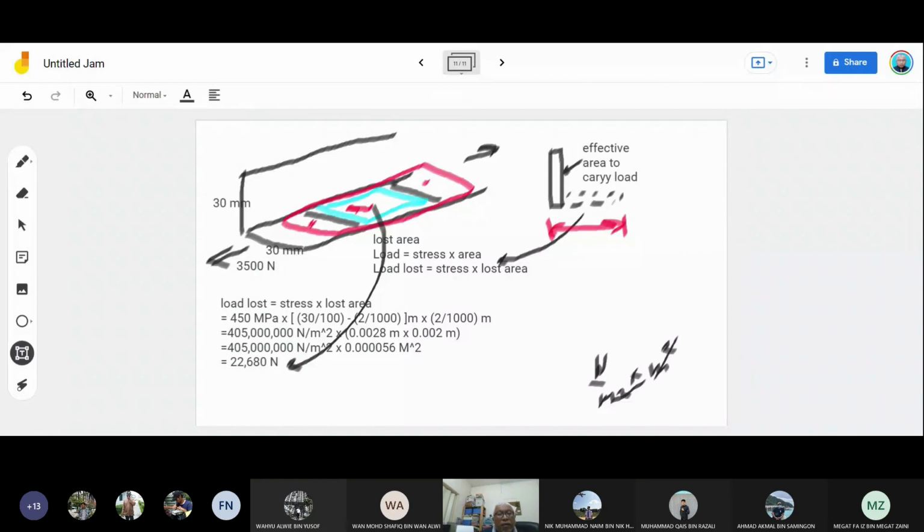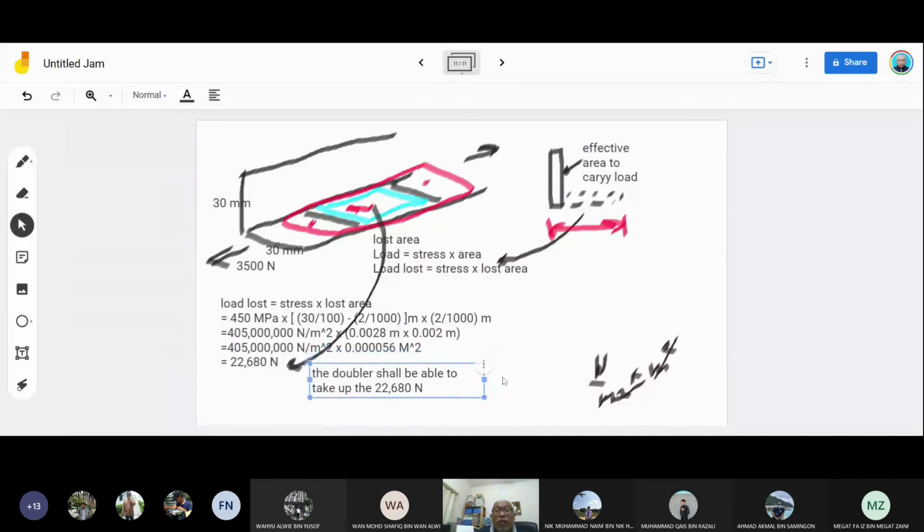So the doubler shall be able to pick up the 22,680 Newton. That's why we call repair a restore.